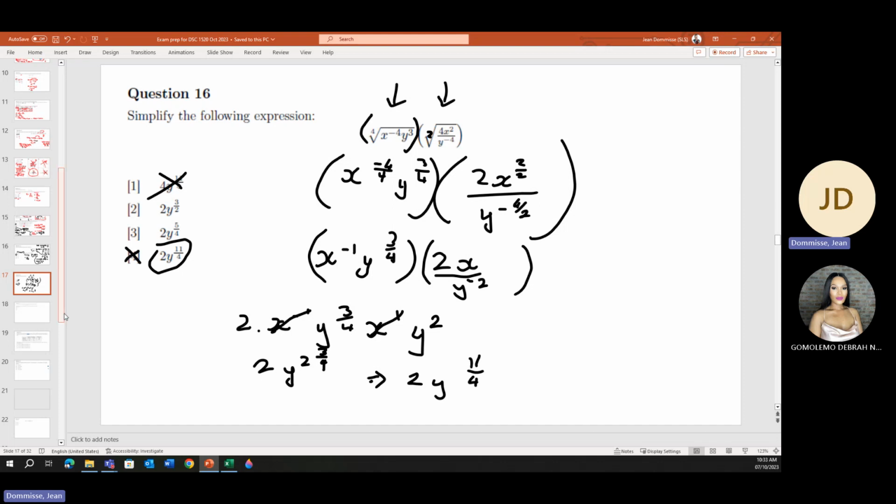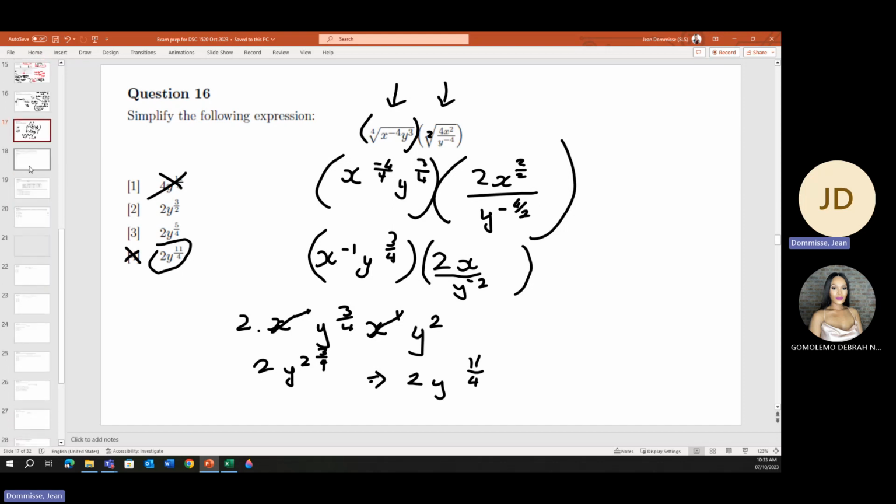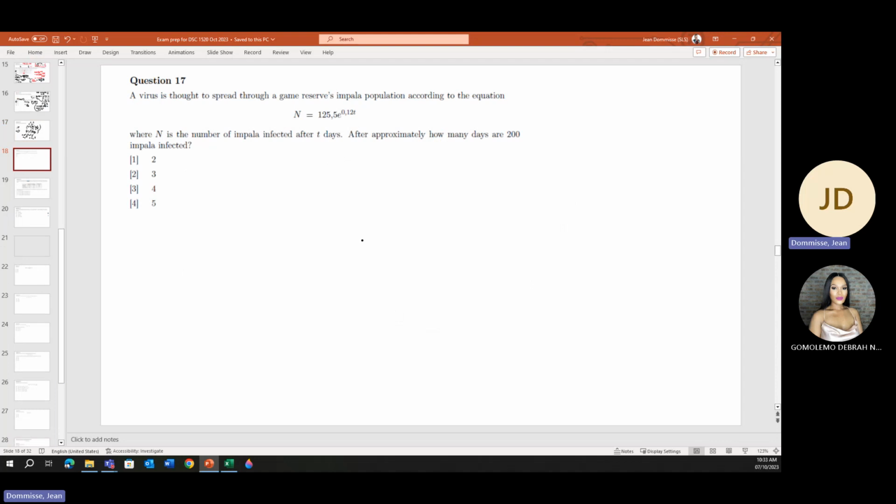Okay, so then we go into the next one, which I also thought was a very interesting question. And again, here we have e to the power. So we need to make things a bit easier. But let's look at the question and then what we actually need to work out.